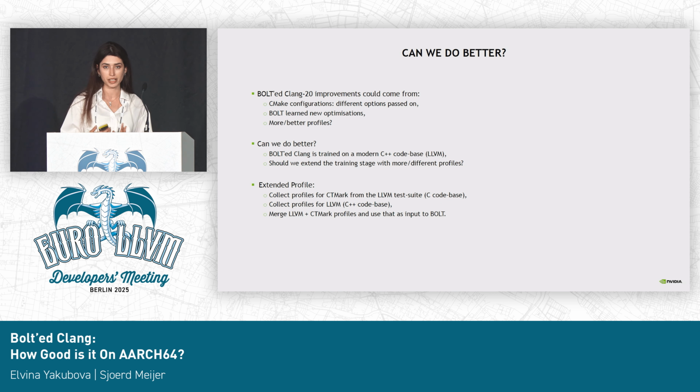The Bolt-optimized build currently uses only C++ code-based profiles, so maybe we can extend the training phase with a C code base, collect different profiles, merge them all together, merge them with the original profiles which are already present, and feed it into Bolt to improve Clang even more.